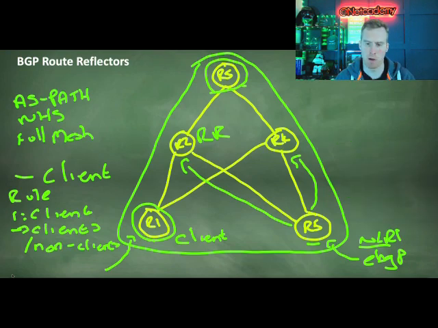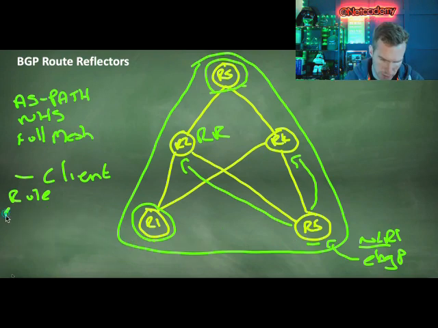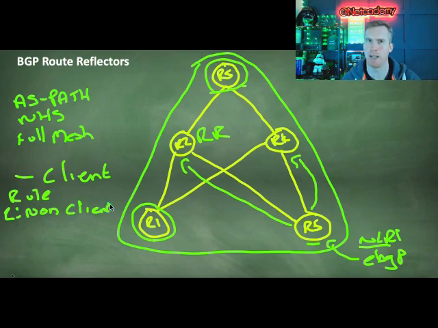But rule number 1 is basically when a client advertises a prefix, it will be advertised to both clients and non-clients. What happens though when a non-client advertises a prefix? So rule number 2, we've got a non-client. Who will that prefix be advertised to?